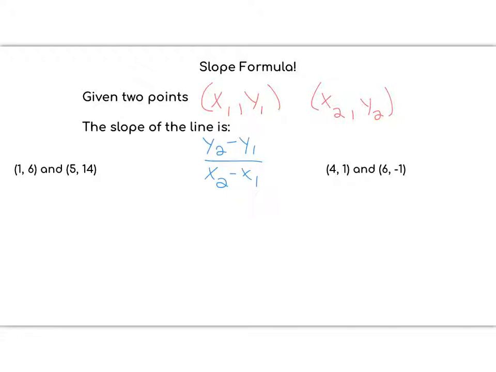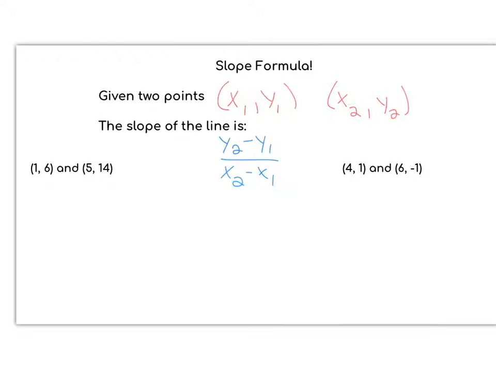So how we do this is if we've got 2 points, we label one of them as x1, y1, and one of them as x2, y2. So here I'm going to label my first one x1, y1, and my second one x2, y2. And my slope formula is y sub 2, that's 14, minus y sub 1, that's 6, over x sub 2, that's 5, minus x sub 1, that's 1, right?